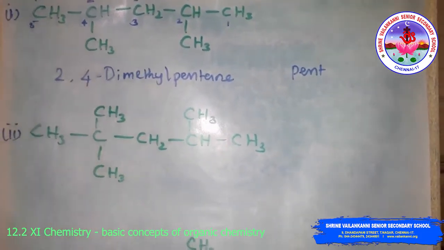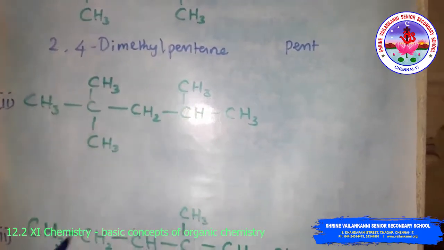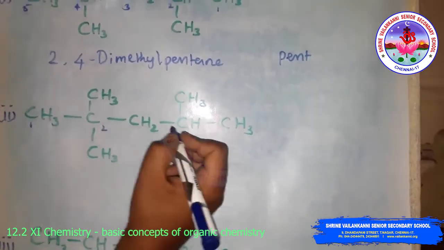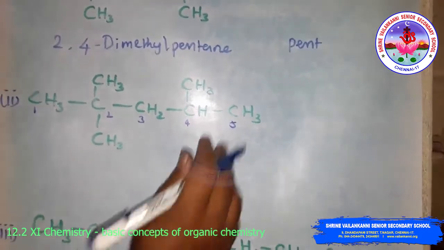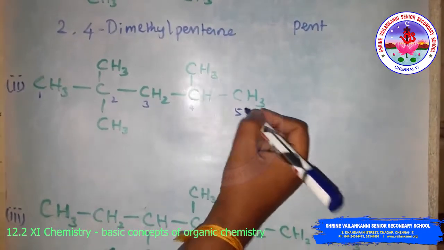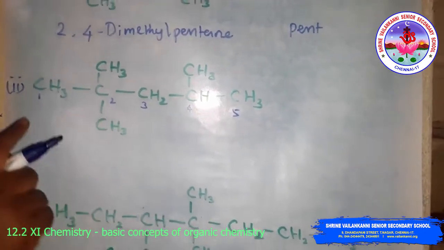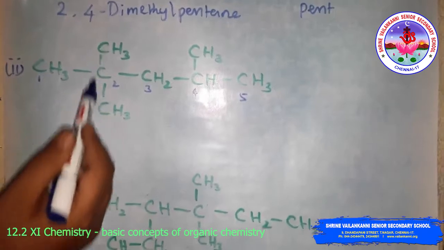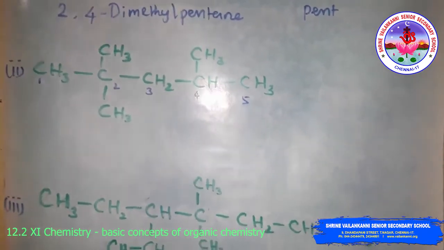Three branches are there. Again give numbering like this: 1, 2, 3, 4, 5. This is also 5 carbons, so it comes under pentane. So the word root is pent. Then the second position has 2 methyl groups and the fourth position has 1 methyl group.